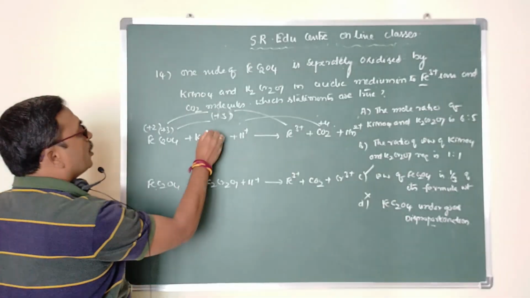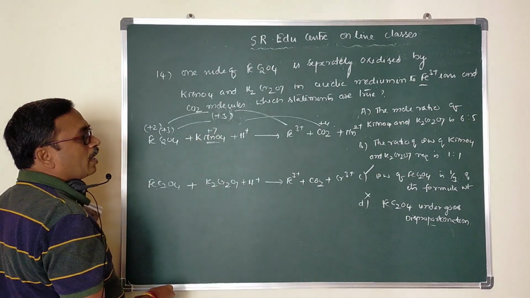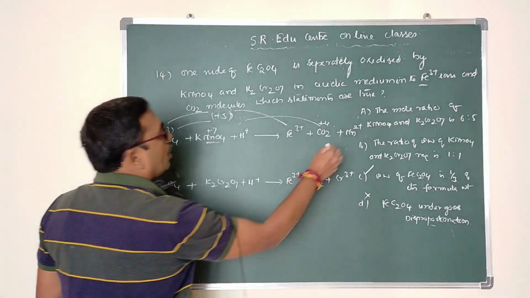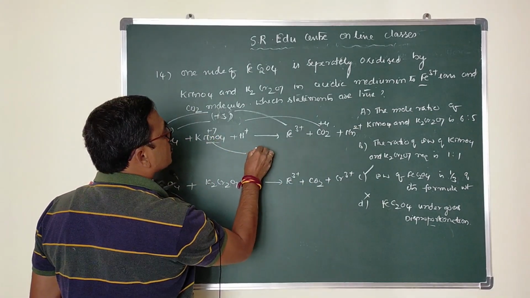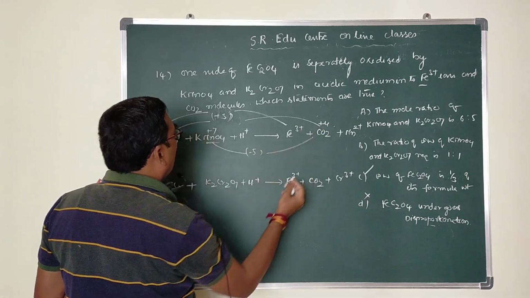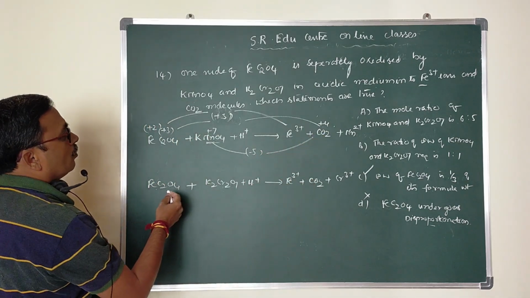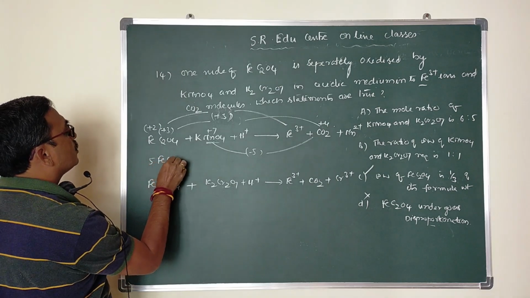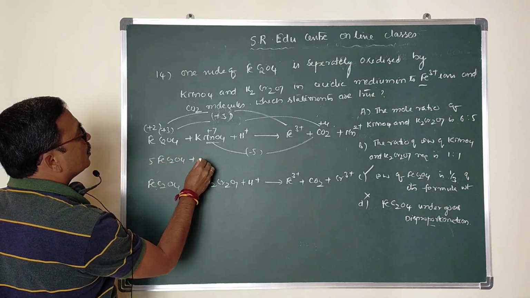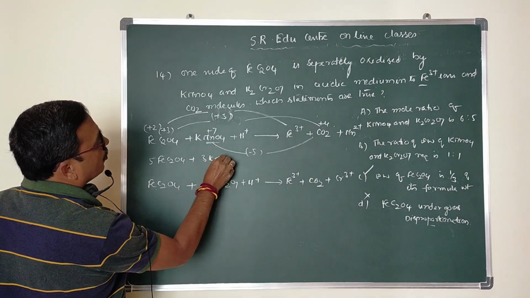In KMnO4, the oxidation state of manganese is +7 and on the product side +2. So decrease in oxidation state is 5. While balancing the equation, we will crisscross it. That means 5 moles of iron oxalate react with 3 moles of KMnO4.